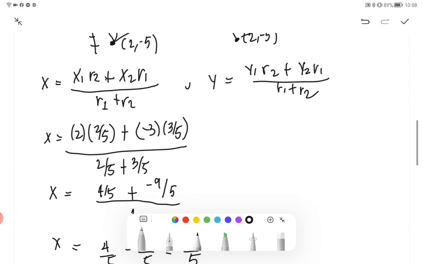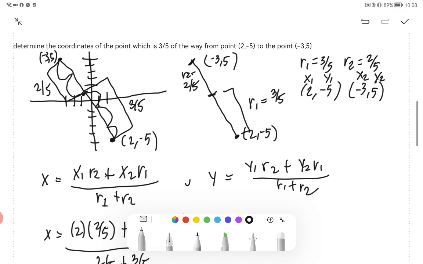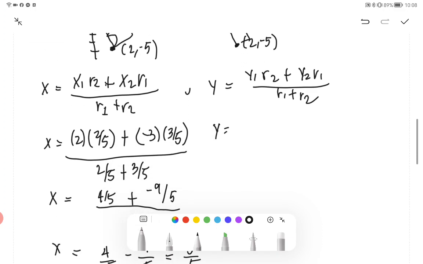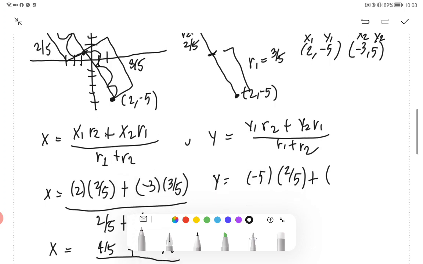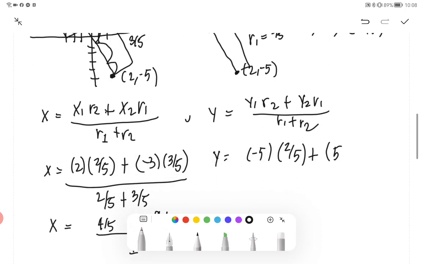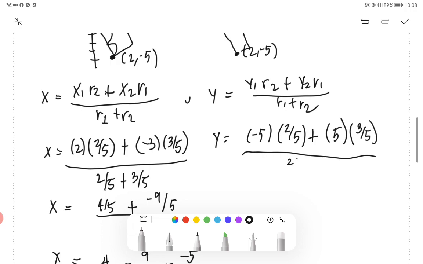For our y value, we have here y is equal to y sub 1, which is -5, multiplied by r sub 2, which is 2/5, plus y sub 2, which is 5, multiplied by r sub 1, which is 3 over 5, right? All over 2/5 plus 3/5.